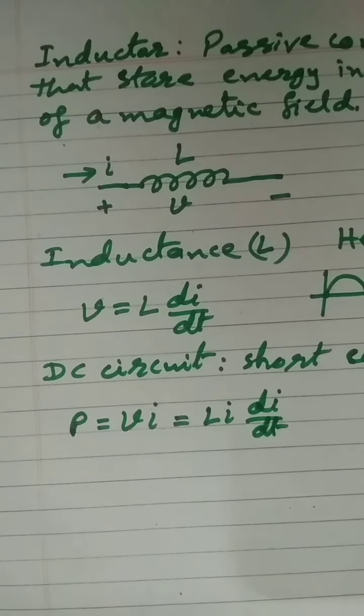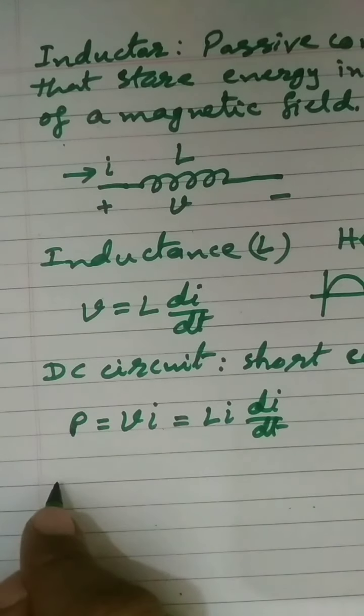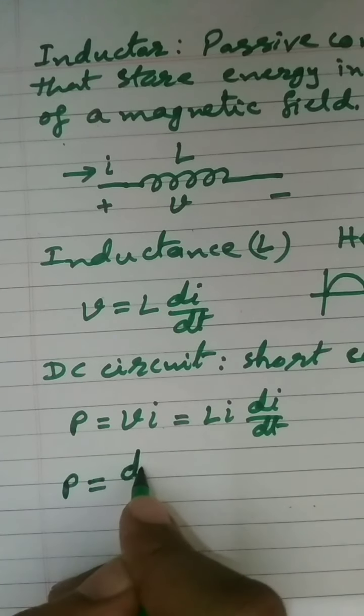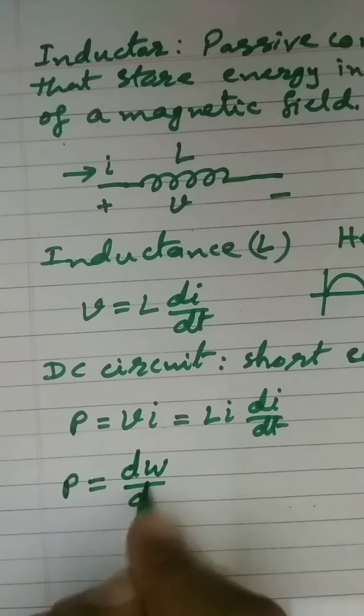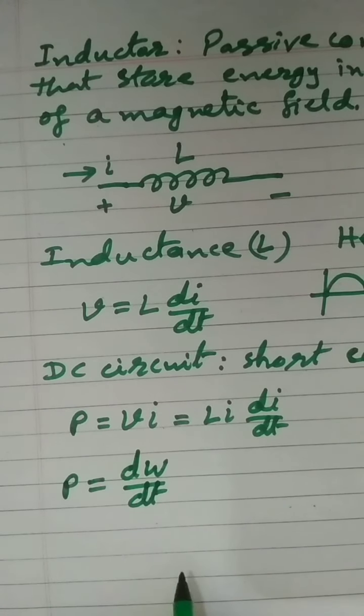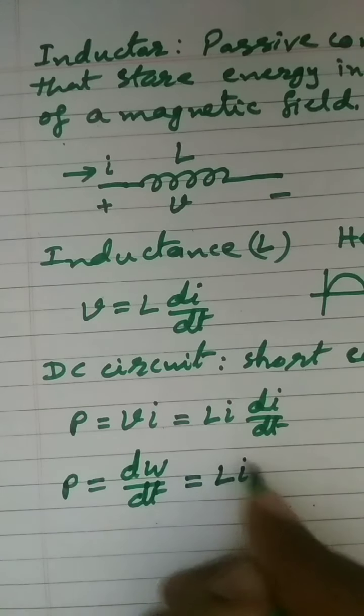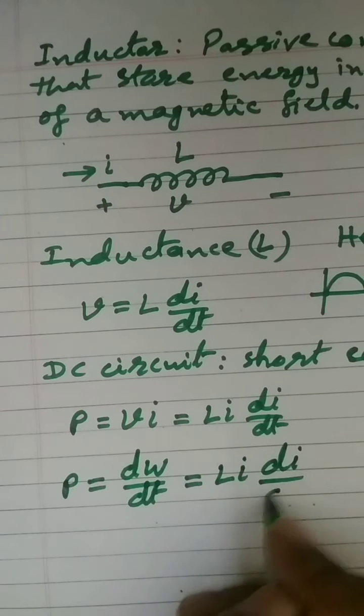As I already discussed, the inductor is a passive component that stores the energy in the form of magnetic field. So the energy that is stored in the inductor can be represented by a small derivation. We know the power is equal to rate of change of energy, d omega upon dt, and power can also be written as L i di upon dt.